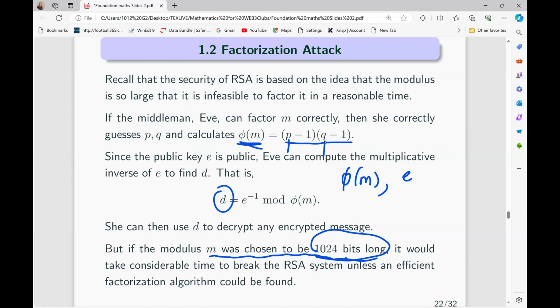So that is why P and Q were kept secret. I've again explained why this must be kept secret, and that is just to help ensure that our intruder does not decrypt our messages and read our communication.